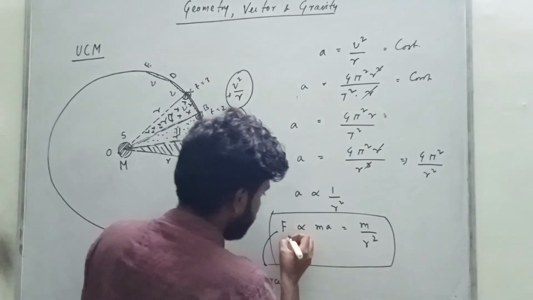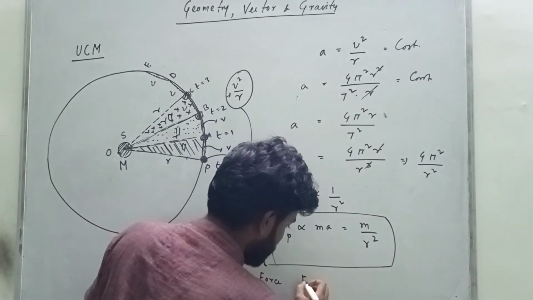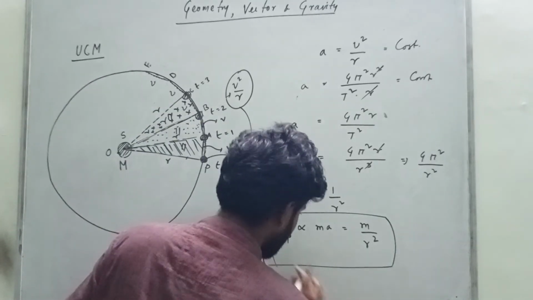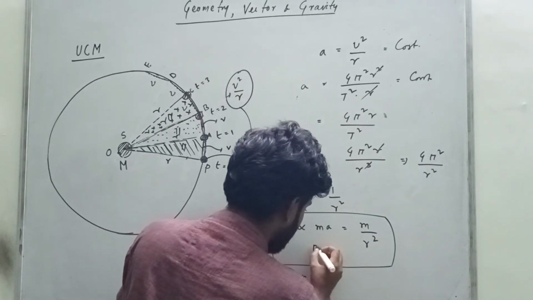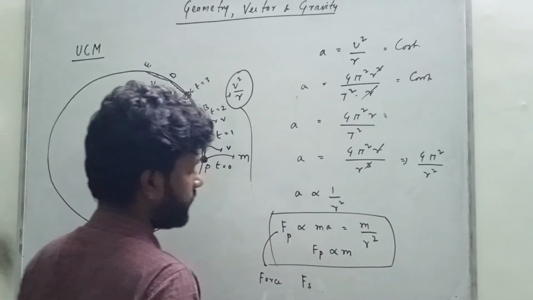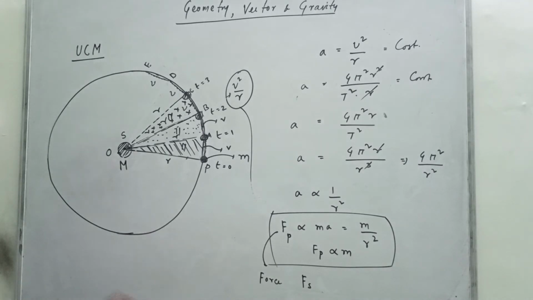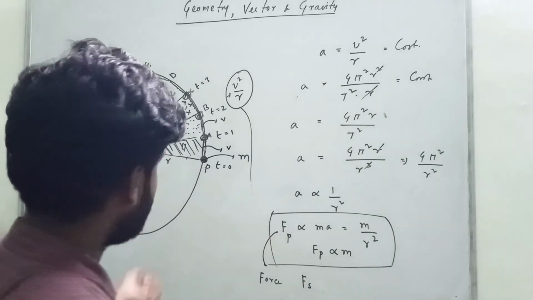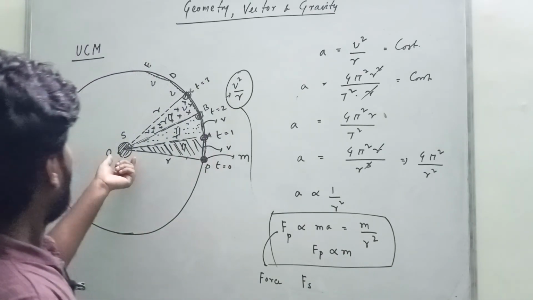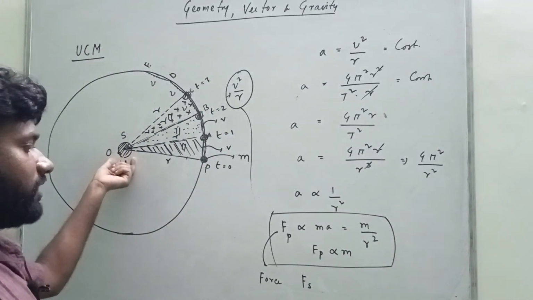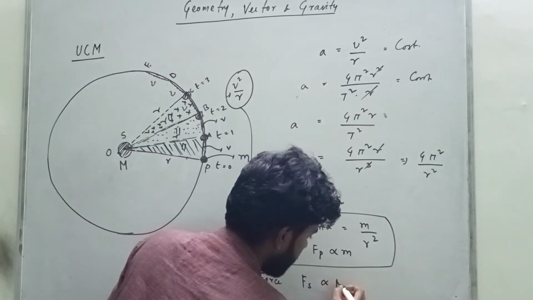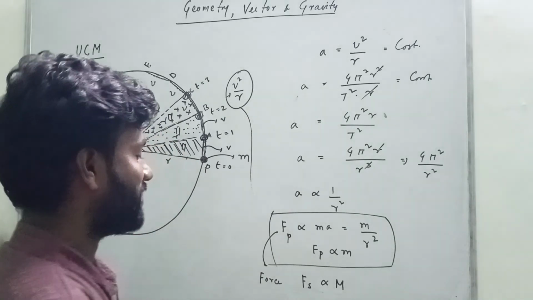The force on the planet is proportional to its mass. And all of you know the force on the planet is equal and opposite to the force on the sun. So the force on the sun will be proportional to the mass of the sun, capital M, right?